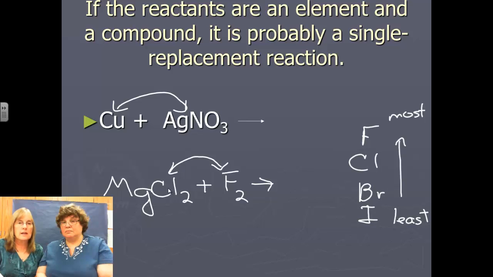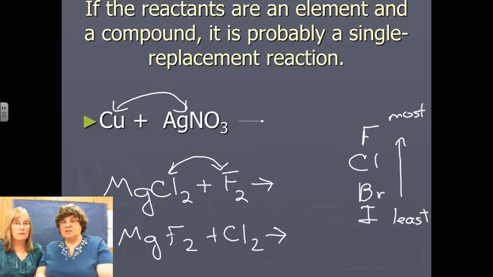Here, chlorine is not as reactive as fluorine, so they are going to want to swap places. If we had the reverse, that's not going to react because chlorine is not as reactive as fluorine, so you're going to draw a big capital NR on the other side of that arrow. No reaction.